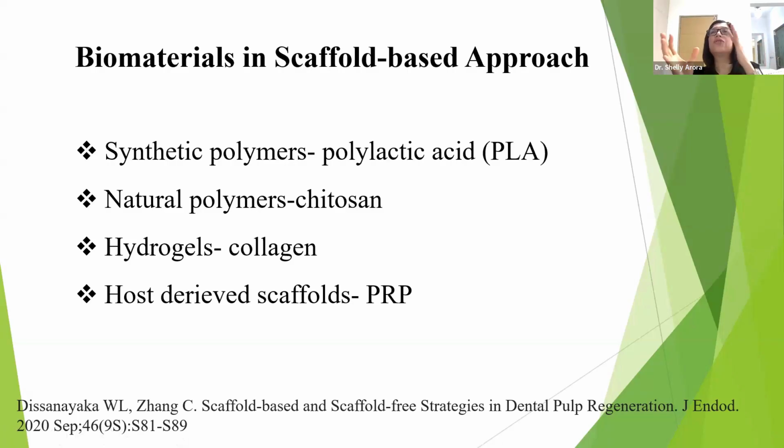Because this scaffold essentially provides extracellular matrix for the cells, so the cells can attach themselves, grow and proliferate. That's what simulates the natural pulp environment. The natural pulp microenvironment can be simulated using these approaches.